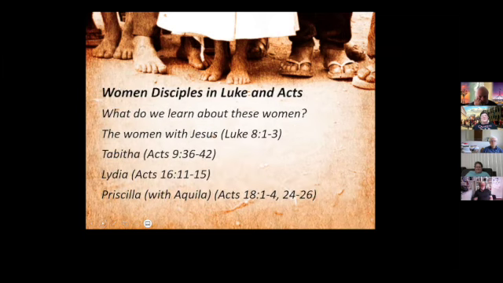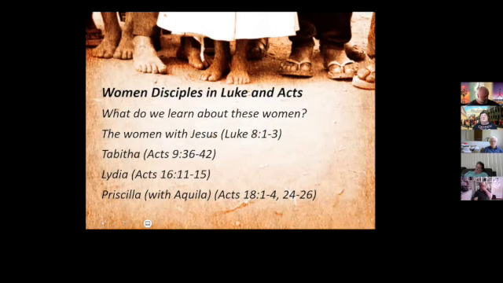We have Tabitha, who Peter raises from the dead. We have Lydia, who is the merchant that runs her own household, and she's running a God-fearing little Jewish kind of thing that Paul visits, and she in effect becomes the first church where they are.